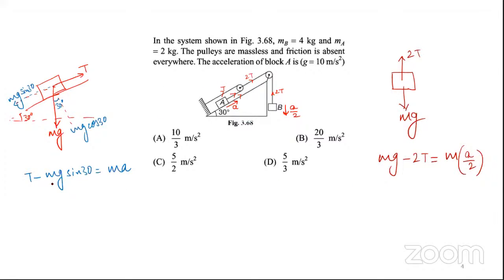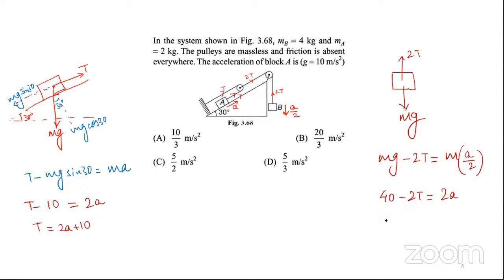Substituting the values of masses, we have T minus, since the mass of A is 2, 20 into sin 30 becomes 10, equals a. And over here we have mass as 4, so this becomes 40 minus 2T equals 4a by 2, that is 2a. So from here I have T equals 2a plus 10.